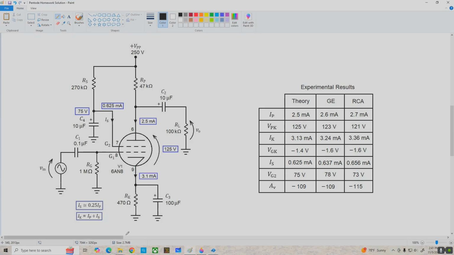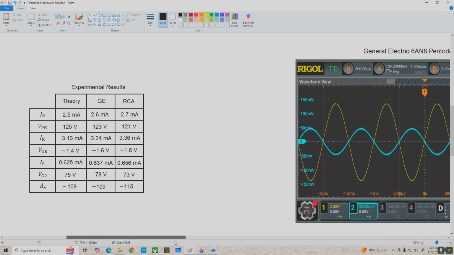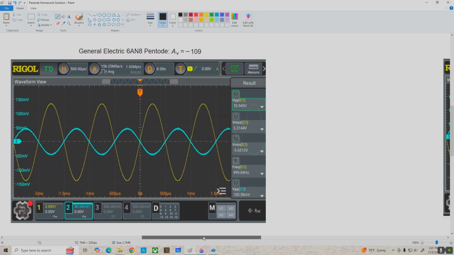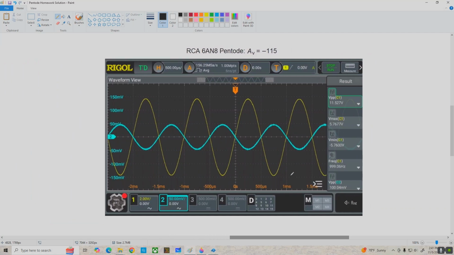And if we go on over to the next page, I've got the scope capture for the General Electric 6AN8. I used an input voltage of 100 millivolts peak to peak. The output was about 10.9 volts peak to peak inverted. So the gain here was negative 109. And for the RCA tube, the input voltage was still 100 millivolts peak to peak at 1 kilohertz.